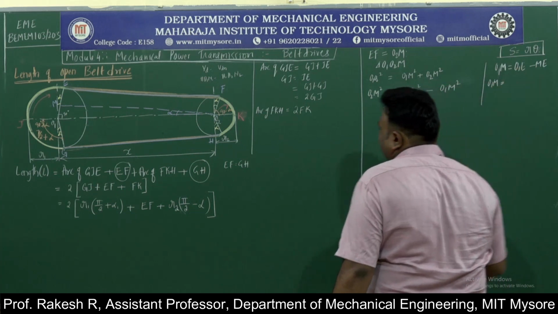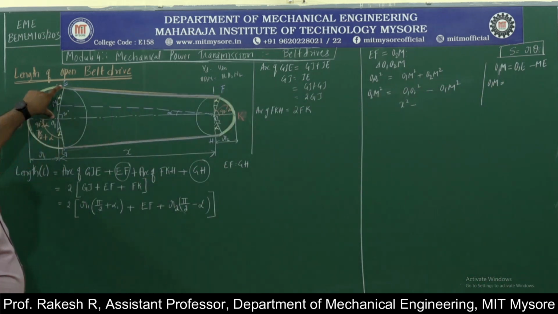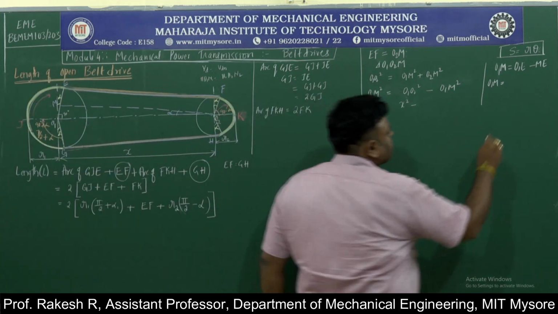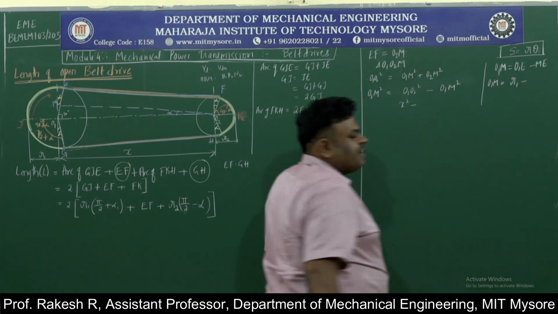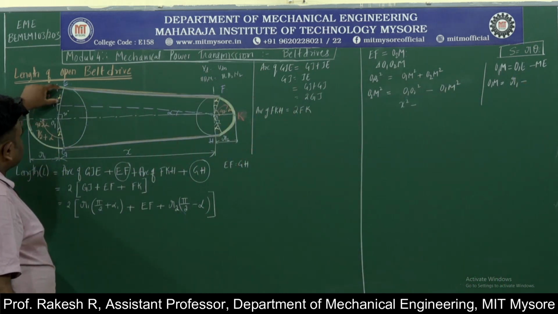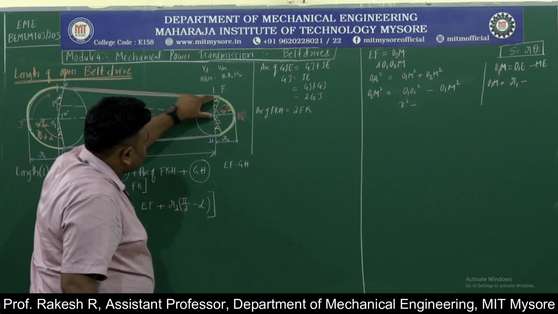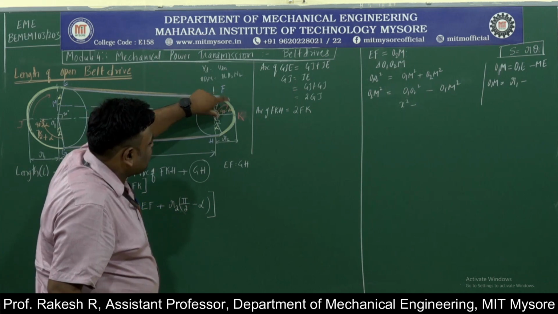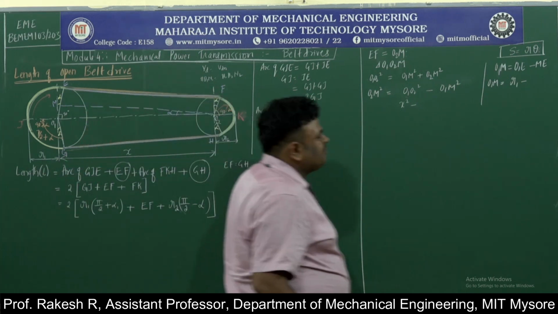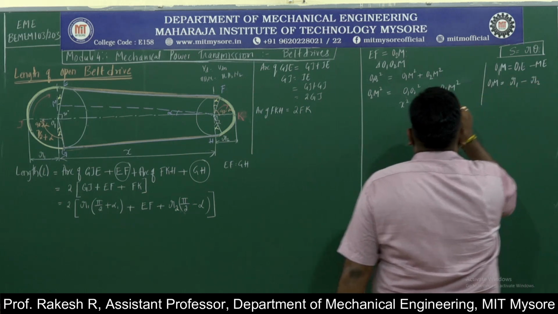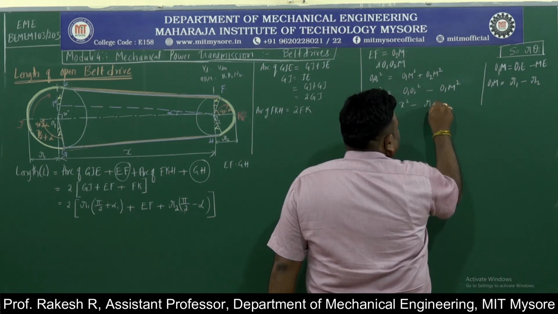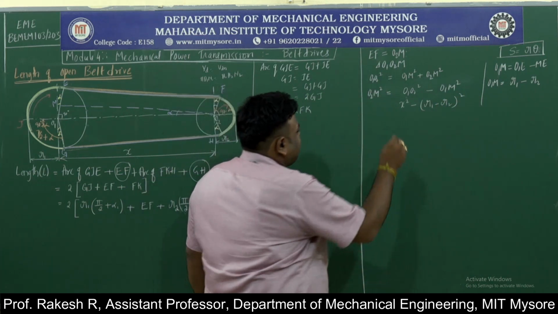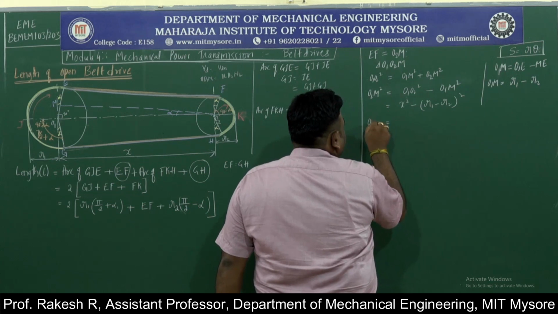O1M is equal to O1E. This is O1E. O1E is nothing but radius of this, R1 minus ME. ME is nothing but this portion. I will be bringing this portion here. ME is nothing but O2F. O2F is nothing but radius 2, R2. So O1M is R1 minus R2 whole square. Got it?